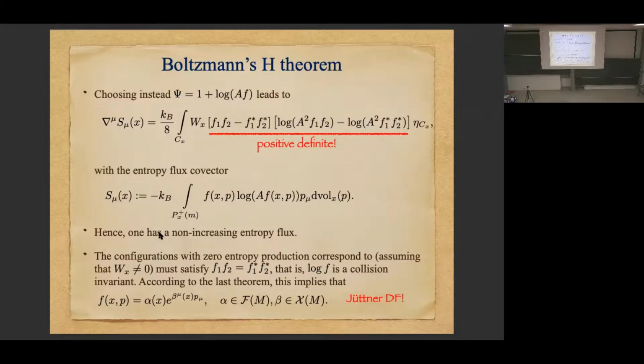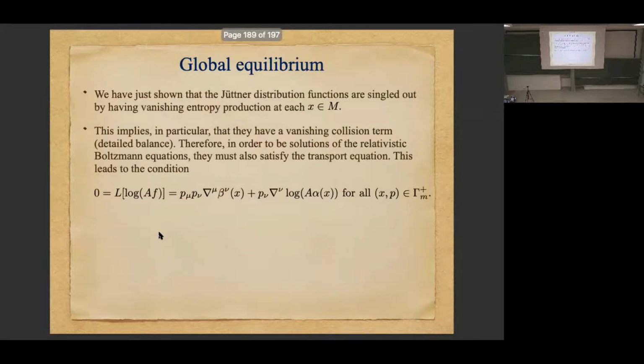Now, by the previous theorem we saw, that means that log f should be of the form a constant that might depend on x, because it's pointwise, plus beta times p^mu. And now if you take the exponential, this is what you get. Now what you recognize here is precisely a Jüttner distribution function. So now you know where it comes from. We have just shown that the Jüttner distribution function is singled out by having a vanishing entropy production.